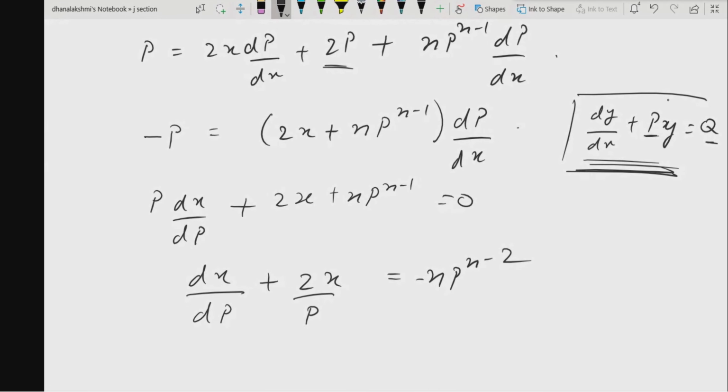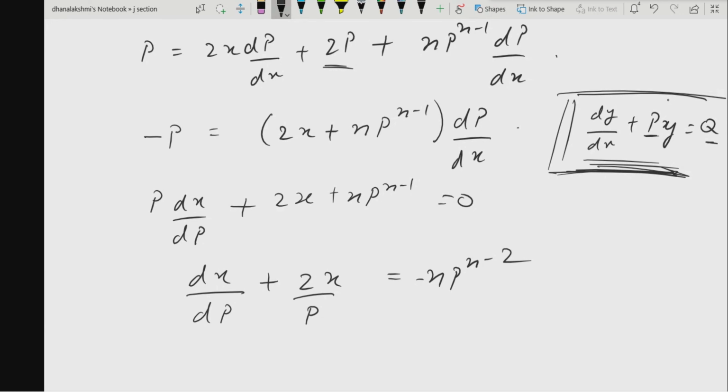Now you compare with this linear differential equation. This is a first order linear differential equation in which variable? X variable. The dependent variable is x. The original one, the standard form, we say is linear in y. So this is linear in x.